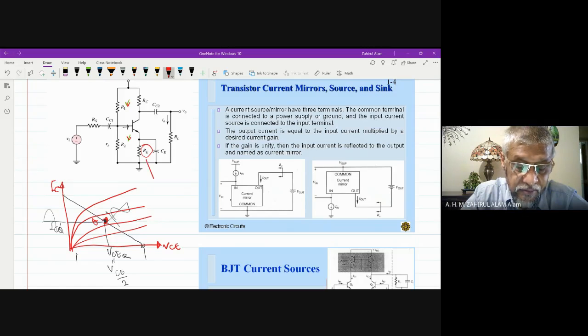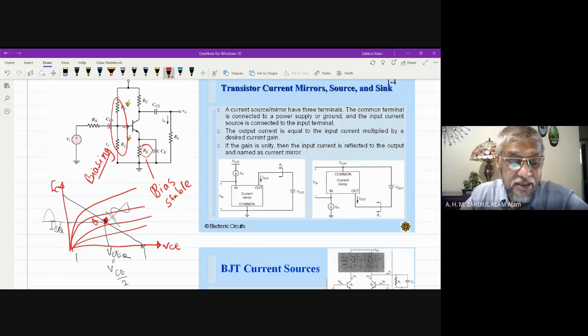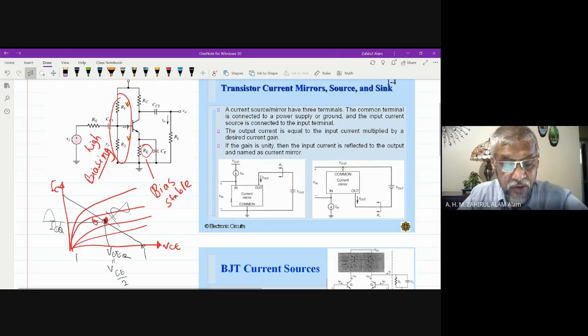This is for bias stability, and this one is for biasing. And usually these biasing resistances R1 and R2 are very high, so that they do not consume huge power or current.